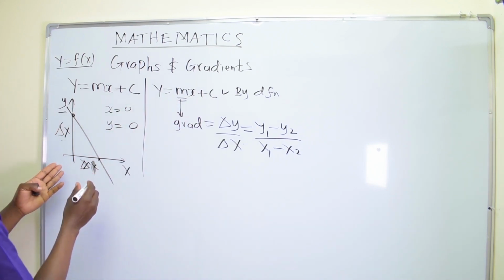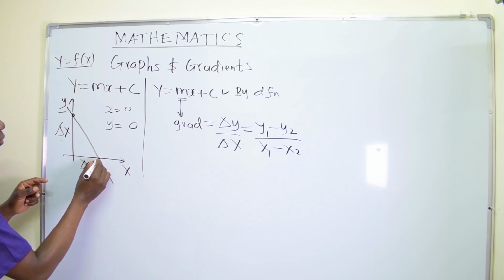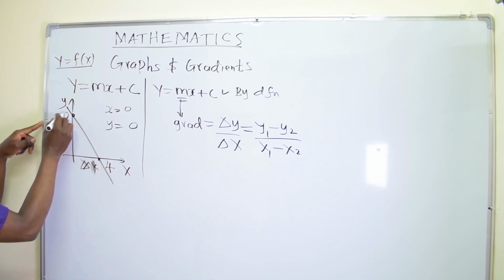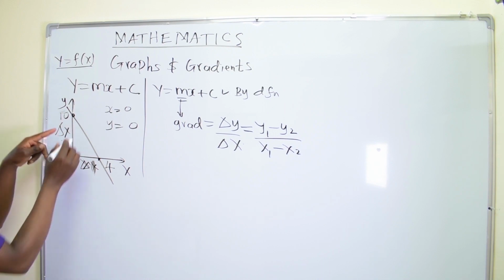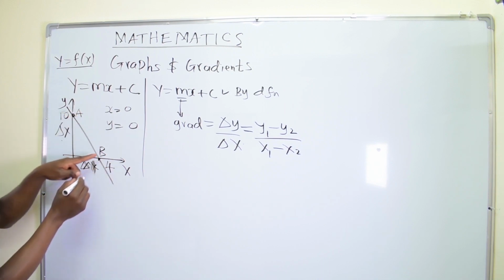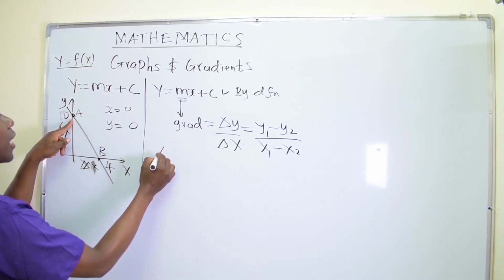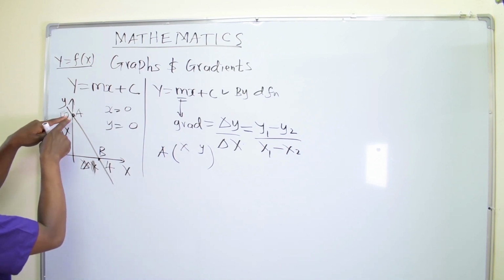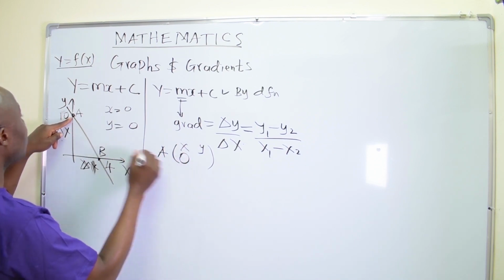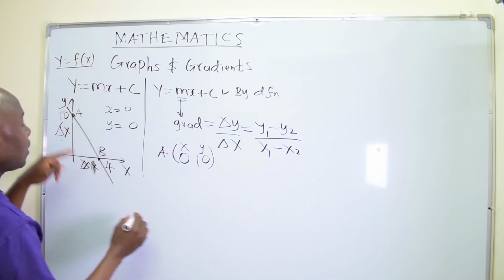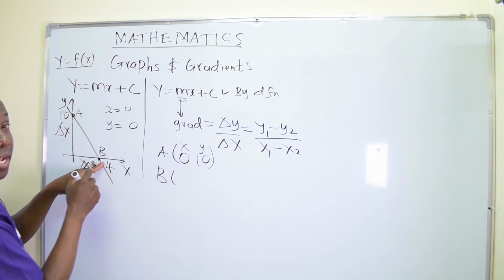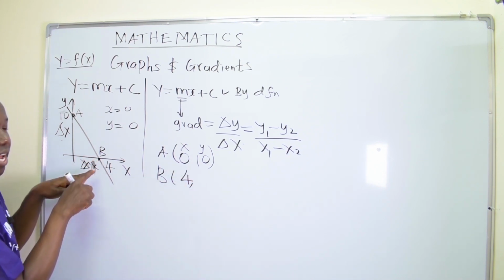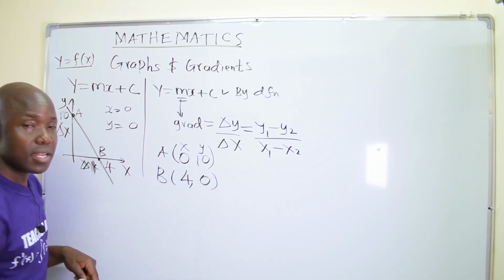An example, somebody may come and say the point where it cuts x is 4, and where it cuts y, make it 10. So you have to read the coordinates. Call this one A and this one B. So for point A, remember we normally start with x, then y. Your x at the y-intercept is 0, and your y there is 10. Then you go to your next point B, where it cuts x is 4, and y at any x-intercept is 0.